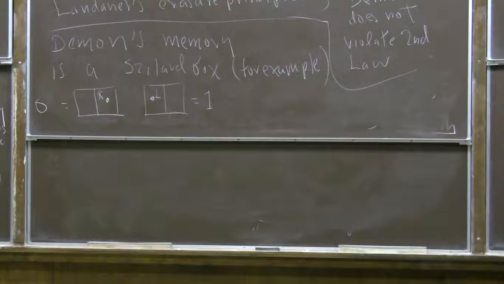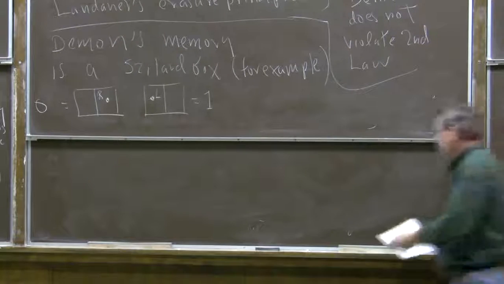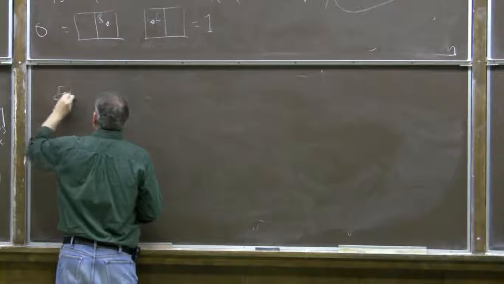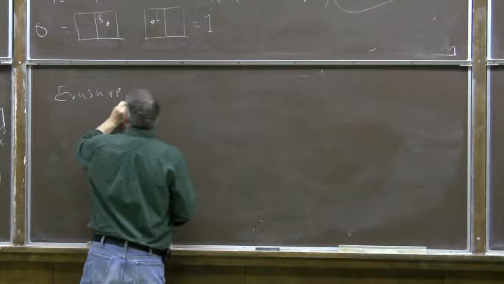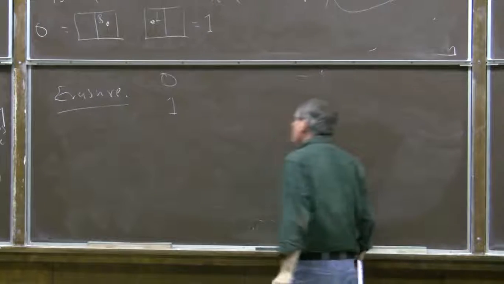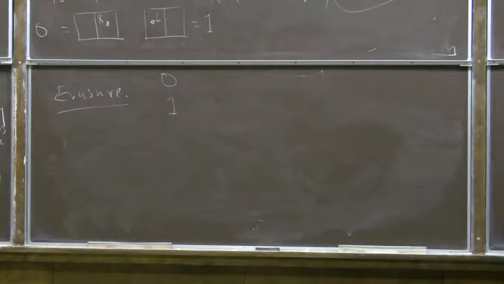How do you erase a bit? Well, in this case, I have to do something, some physical process, which, irrespective of whether the initial recorded value was 0 or 1, will take the bit to the same final value. Give me a 0, irrespective of whether I had a 0 or a 1 to begin with. So that's what erasure is. It's a map from a bit to a bit. And no matter whether the bit is originally 0 or 1, it maps it to the same value.